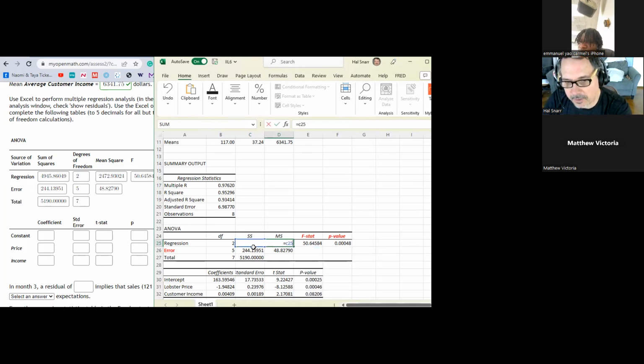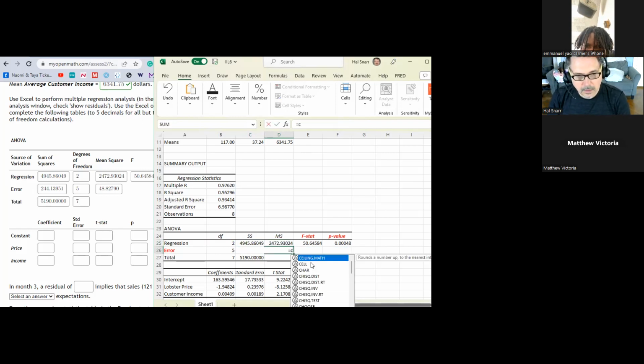So I got C25 here divided by B25. See, I'm dividing this box here by that box. I get the mean square due to regression, right? And then if I do the same thing here, C26, I'm in row 26, right? Divided by B26.